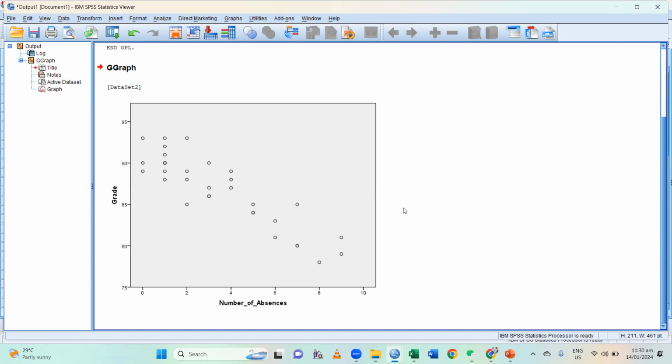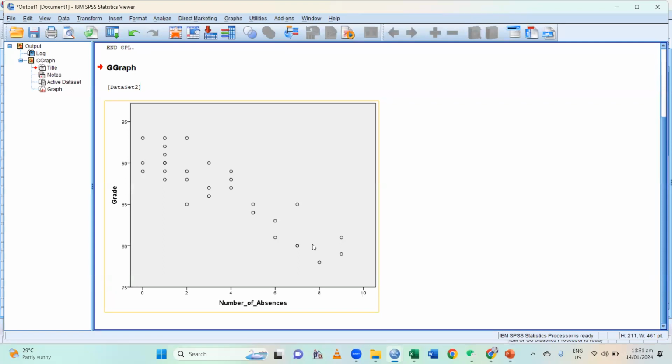Again, the value falls to the right. So are you expecting the slope to be positive or negative? Positive, sir.